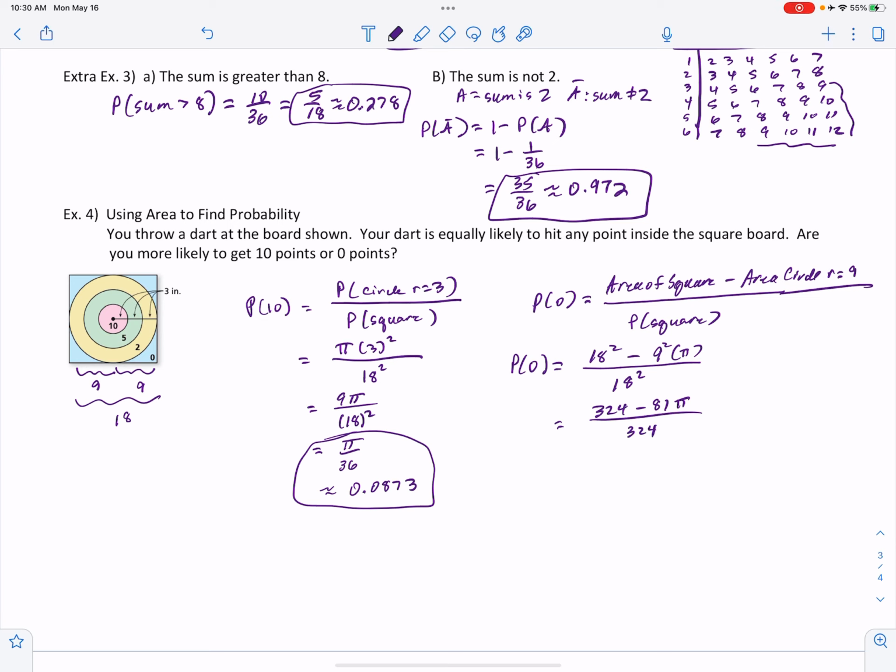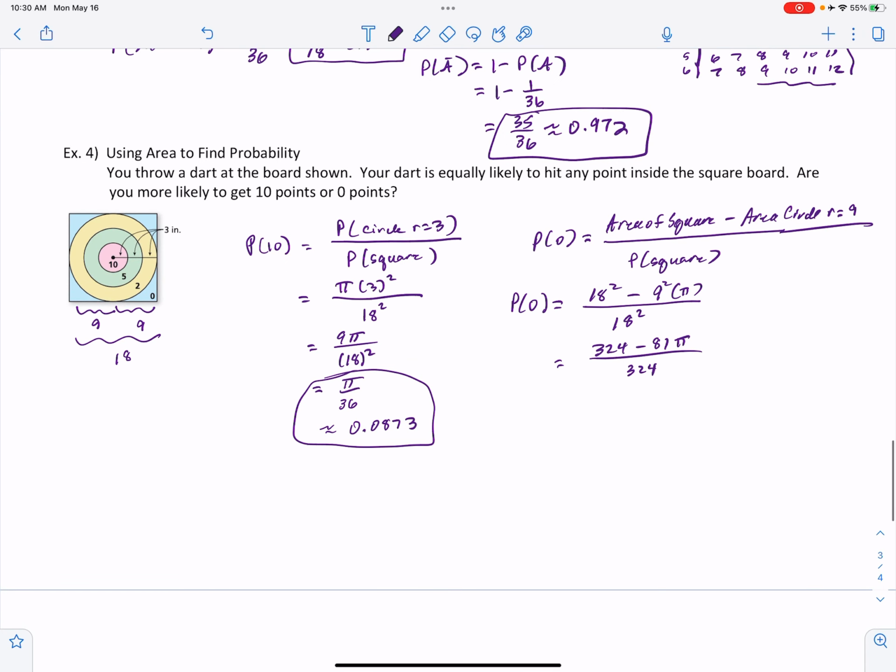You cannot cancel the 18 squares in the step before or the 324s because you have subtraction in the numerator. But it does happen that 81 goes into 324 and 81. And it goes into 324 4 times. So that right there is your exact probability. And if you work it out to 3 decimal places, 0.215. That's it.